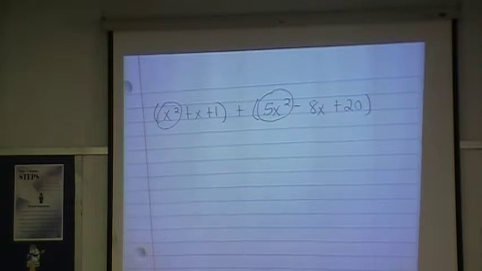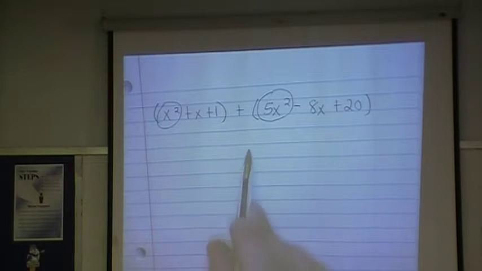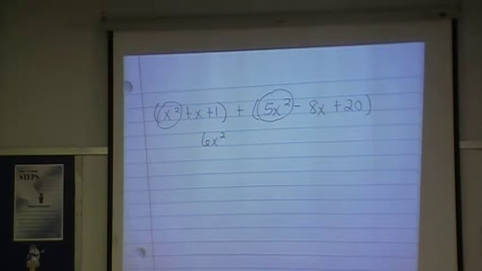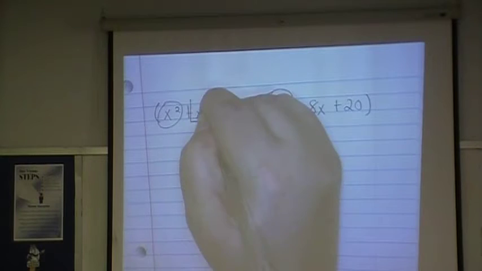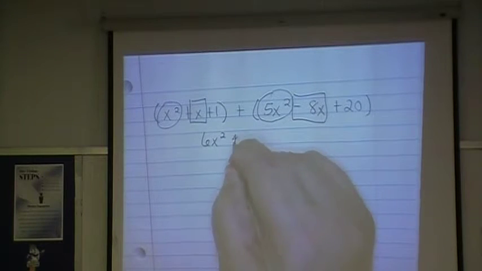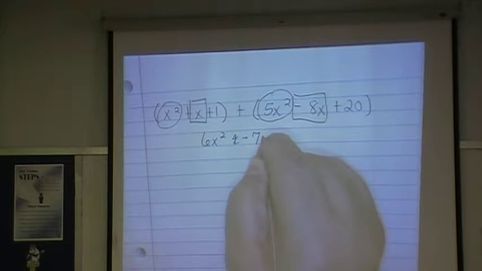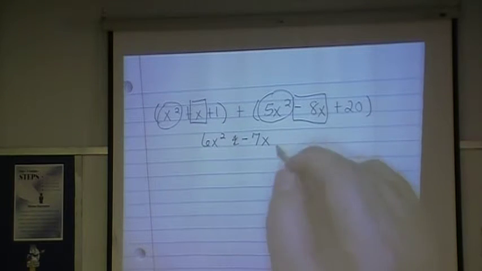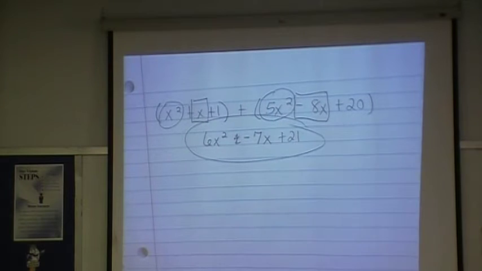All I'm going to do is combine like terms. 5 plus 1 is 6x squared. Then I come to my next term, which is 1x and negative 8x. 1 minus 8 is a negative 7x. And then 1 plus 20 is 21.